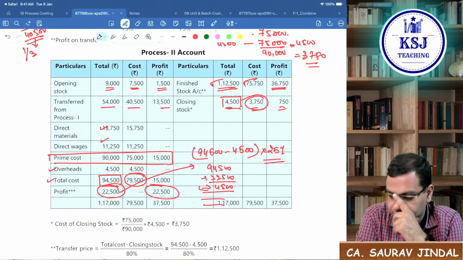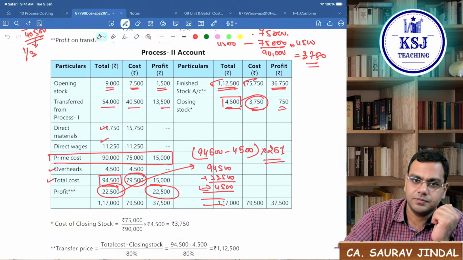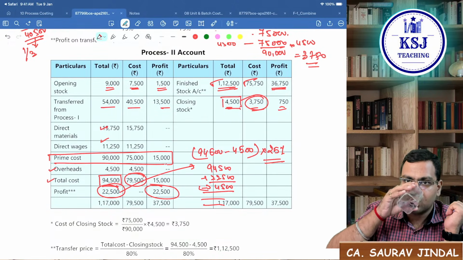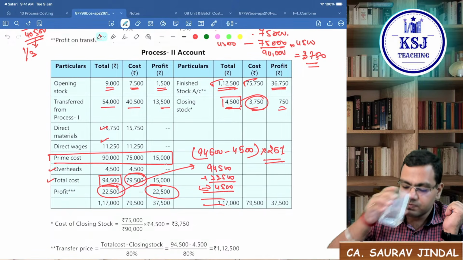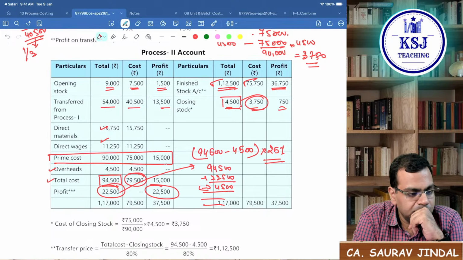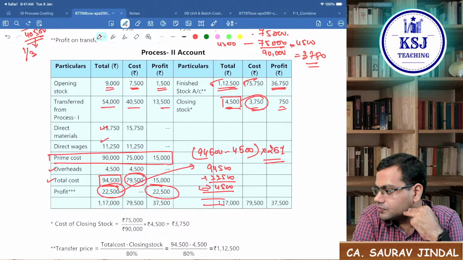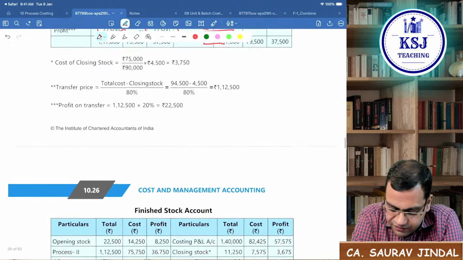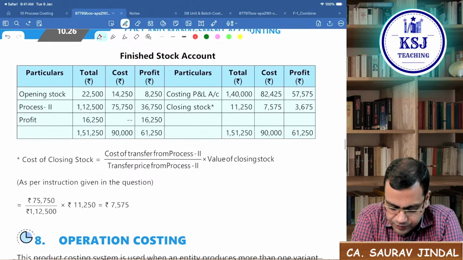Clear? Okay, let's come to the finished stock account now.